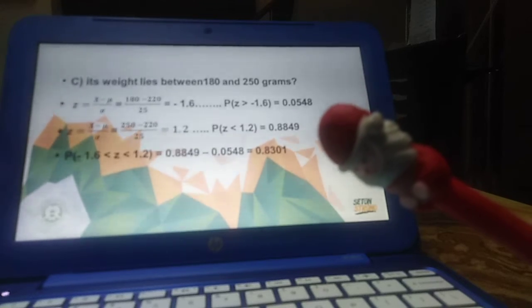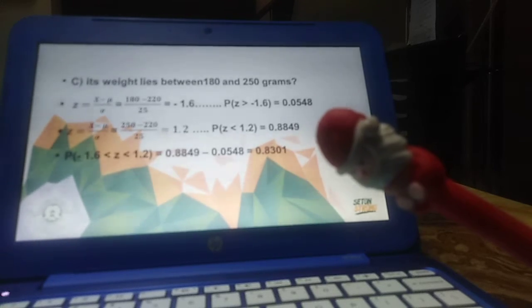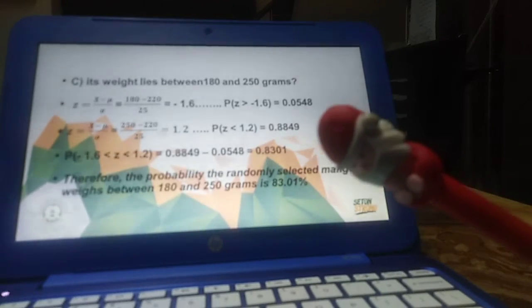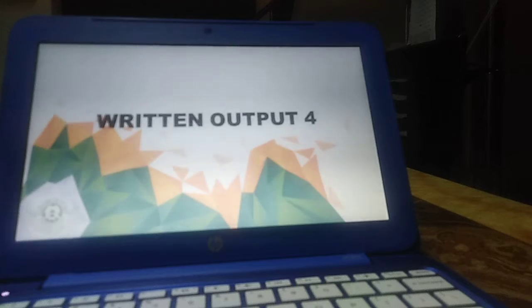So the probability that the mango's weight will be between 180 and 250 grams is 0.8301 or 83.01%.